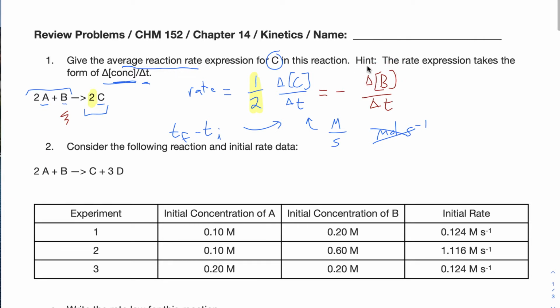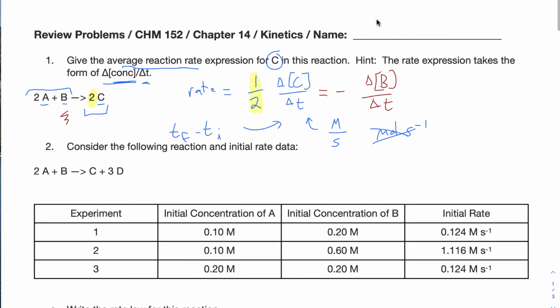Well, like I just said, no matter what we're following, we want to have the same average rate for this reaction. So if the calculation of final minus initial for the reactants produces a negative value, then we need to insert a negative sign at the beginning, just so we get a positive value all the way through.